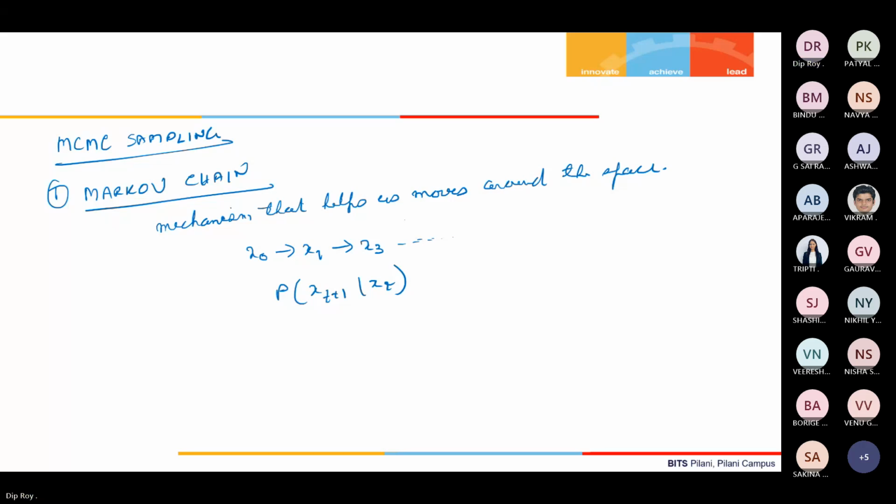In fact, it is not this as well. This was wrong. This is basically the mechanism that moves around the space. By itself, it does nothing. When you go from one state to another and create a chain, the Markov chain just represents how you move around that chain. Typically, when we say Markov chain, we mean that you just remember the previous state.